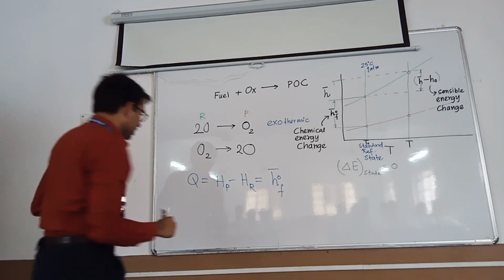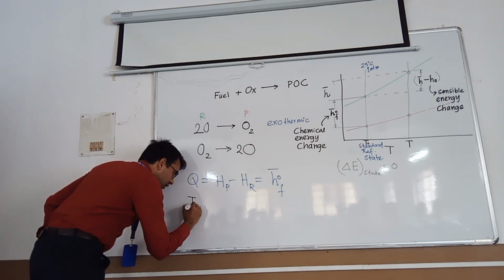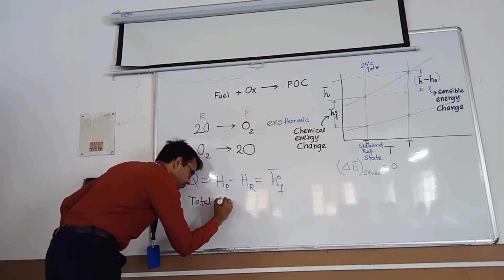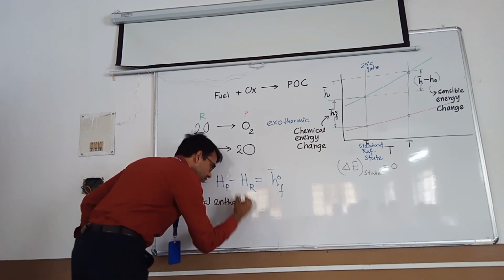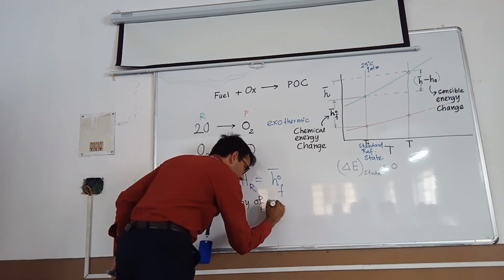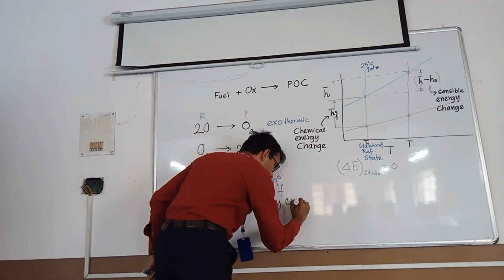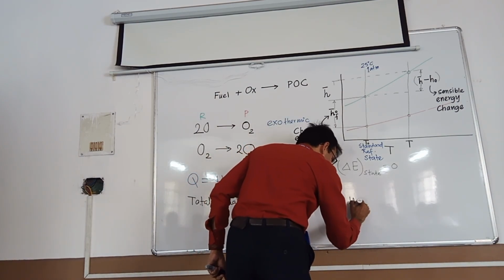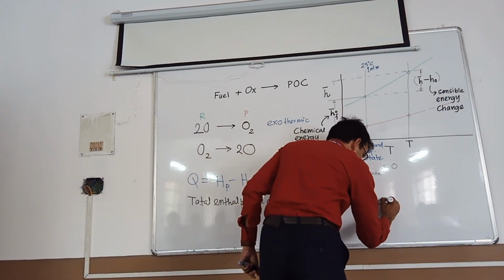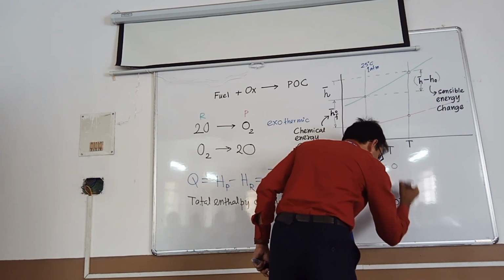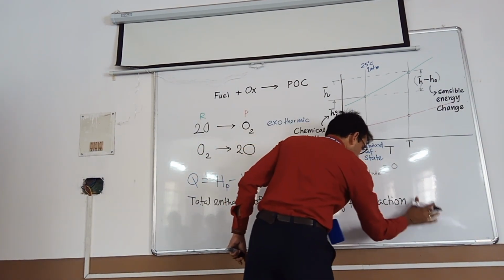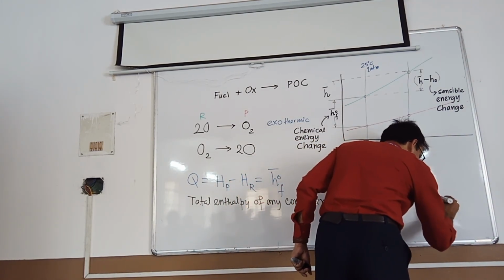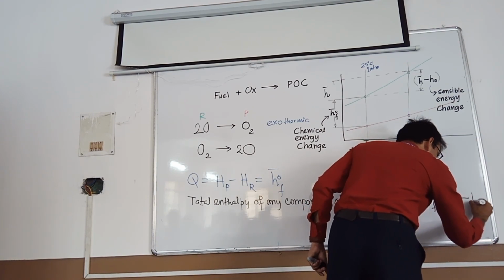So the total enthalpy of any component of the reacting system is equal to HF0 bar plus H minus H0.